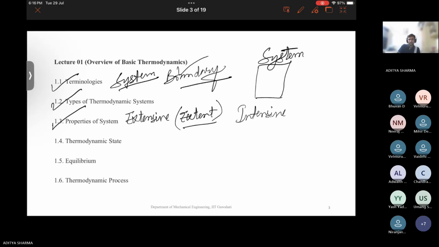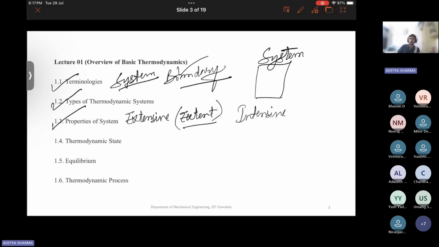Then is your thermodynamic state. So what is a thermodynamic state? Thermodynamic state basically is putting into perspective your thermodynamic system.